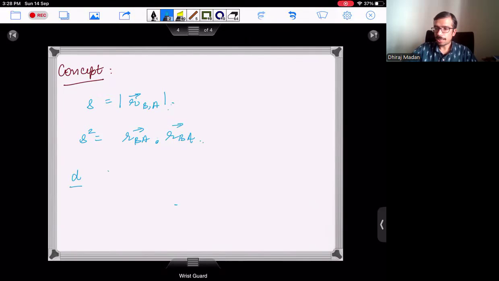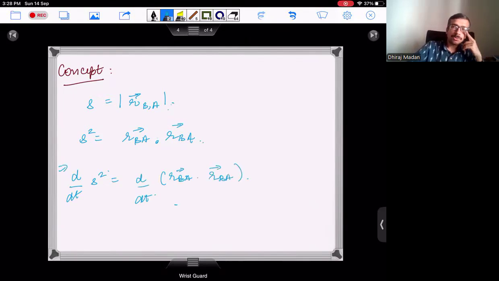So let's differentiate the LHS, d by dt of S square, which equals d by dt of RBA dot RBA. Now from the LHS, what do we get? It's the derivative of a square, and now we can use the chain rule.